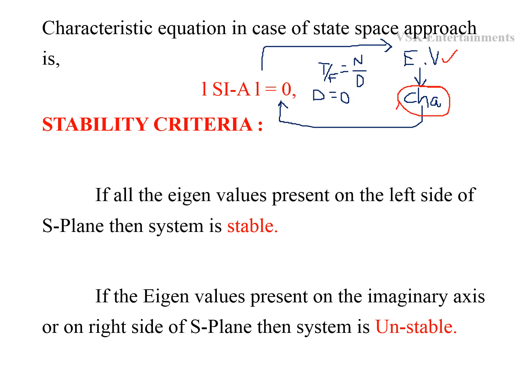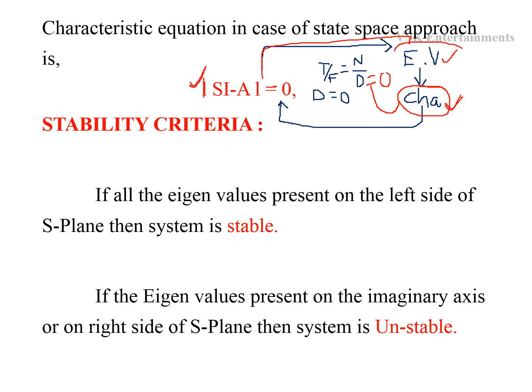Here the characteristic equation is obtained by equating the denominator of a transfer function to 0; that equation is the characteristic equation. In state space analysis, the characteristic equation is given as determinant of sI minus A is equal to 0. The roots of this characteristic equation are nothing but eigenvalues.